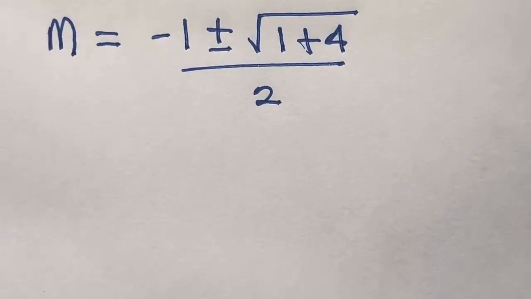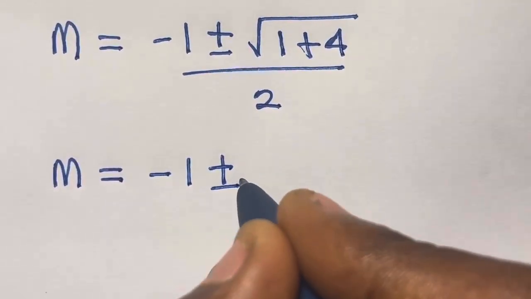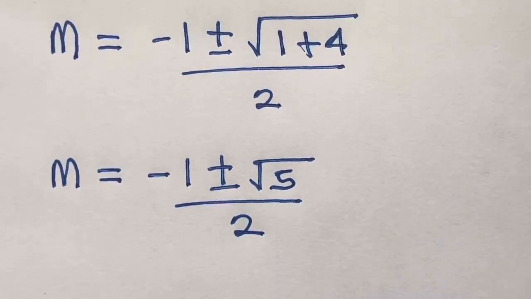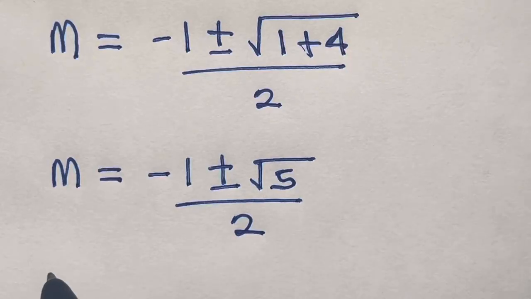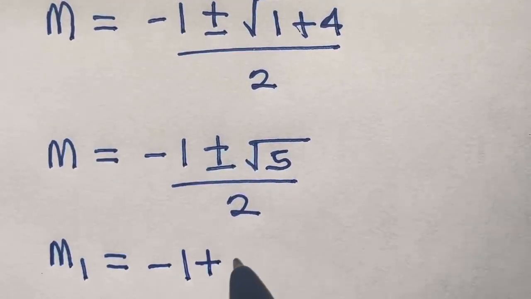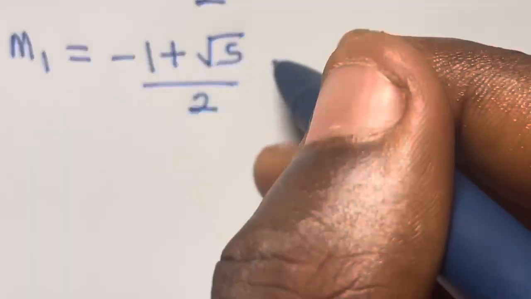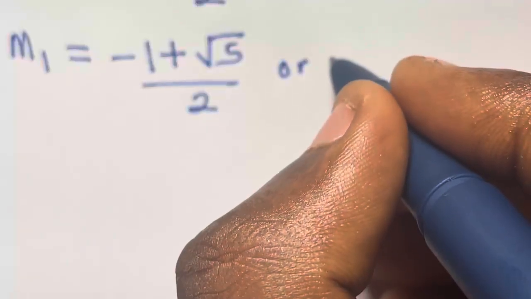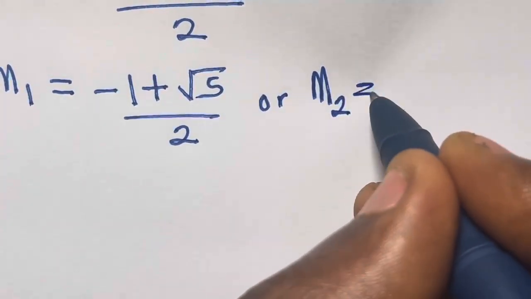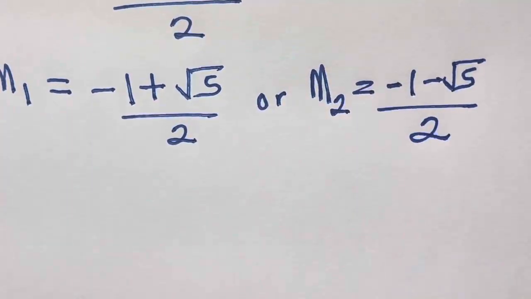So 1 squared gives us 1, and minus 4 times 1 times minus 1 gives us plus 4, so we have m equals minus 1 plus or minus square root of 5, divided by 2. From here we can declare that m1 equals (-1 + √5)/2, or m2 equals (-1 - √5)/2.